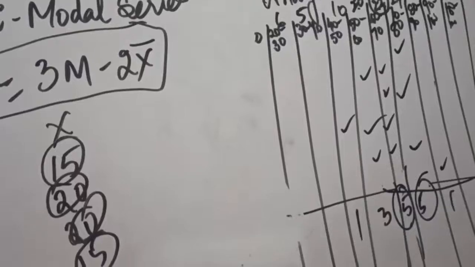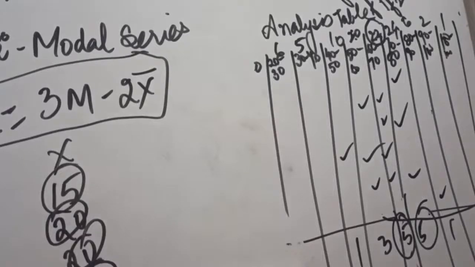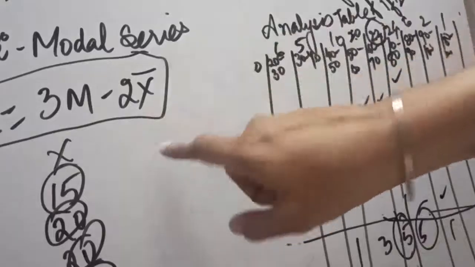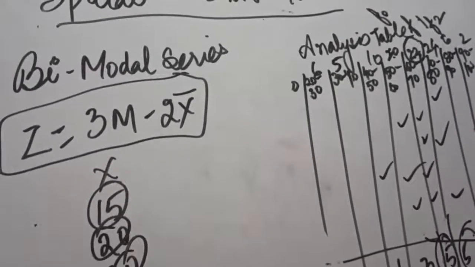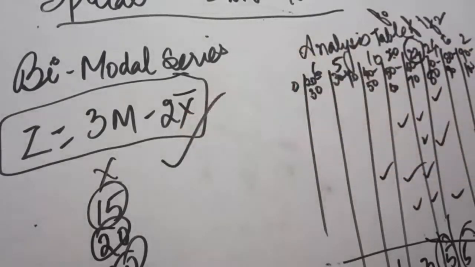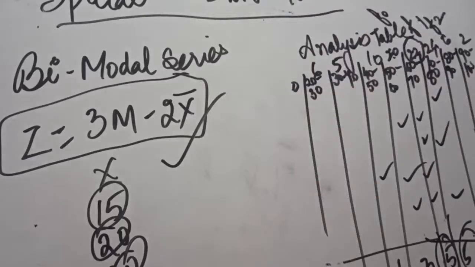So after preparing the grouping table and the analysis table, we may come to the conclusion that our question is of a bimodal series. So after solving this, again you have to go back to your previous question from the beginning. You have to calculate the median and mode, and then you have to put your answer here. From this analysis table you cannot conclude anything because there is more than one modal value. There you have to prepare such an equation and fill in the values.